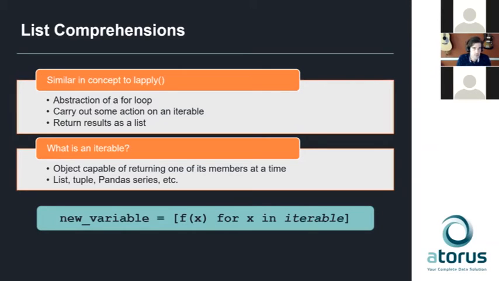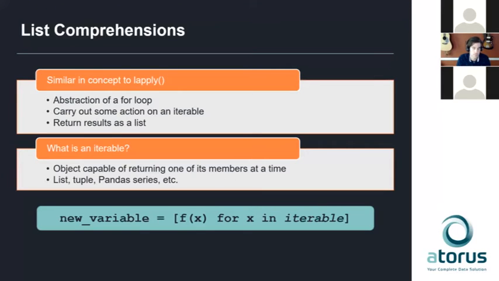The basics of list comprehension: when you're creating a new variable, this will be a new list as well. You want a function for the element in that iterable. You can add on to this using if statements, so you can subset the iterable, and it'll only grab things that meet that condition.